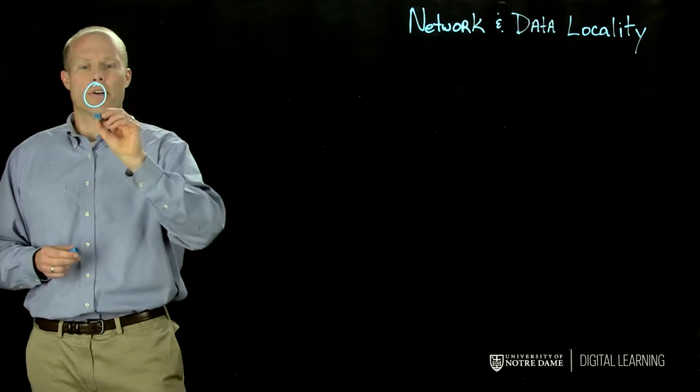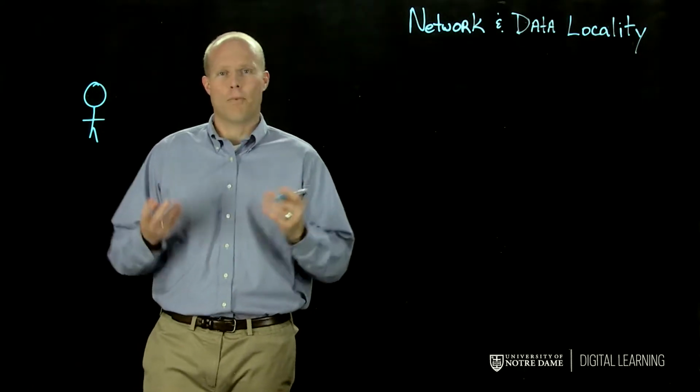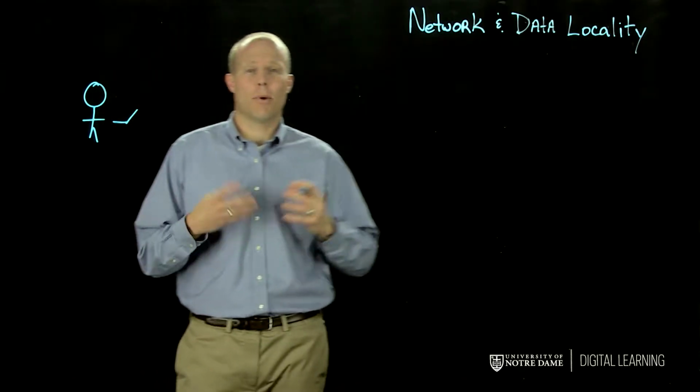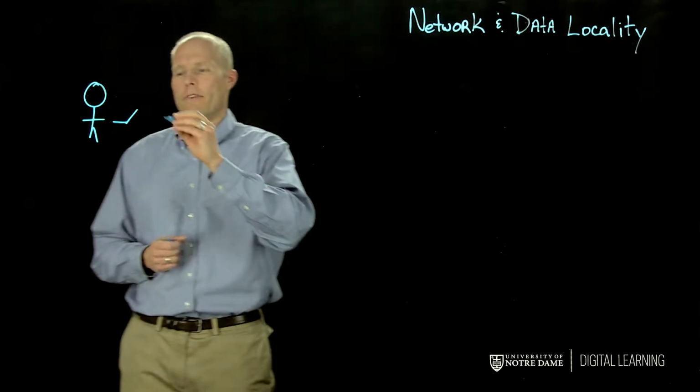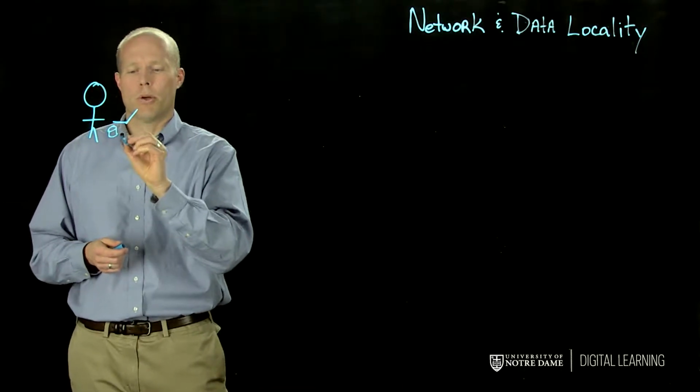First, we'll start with a scientist. Most scientists are comfortable with their research computing environment, whether that be their laptop or a desktop within their lab. Within that environment, they understand that they can move data onto the hard drive of the computer.